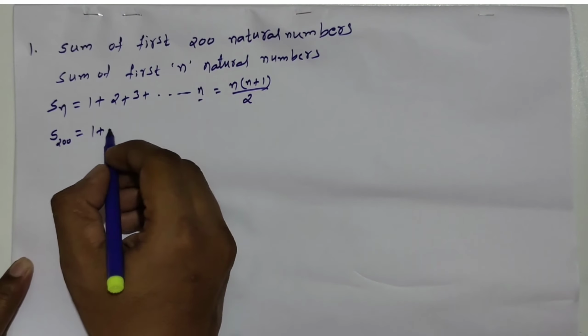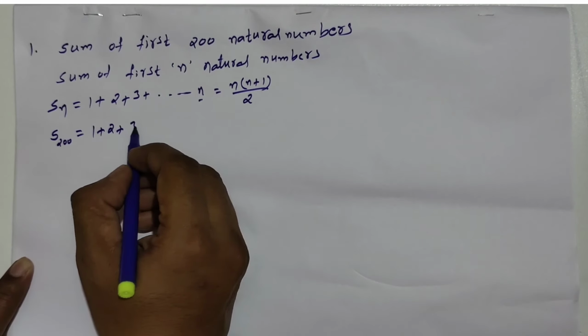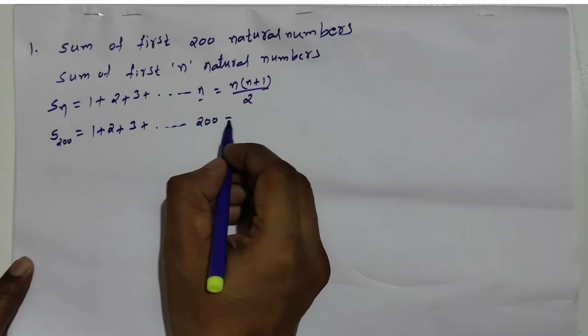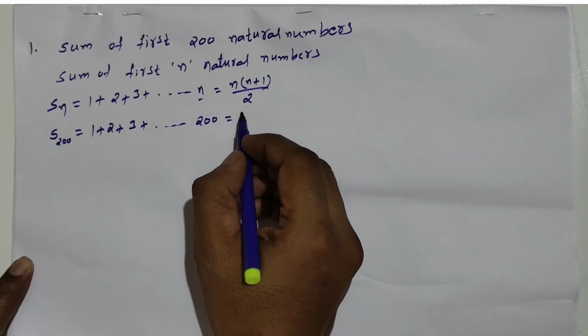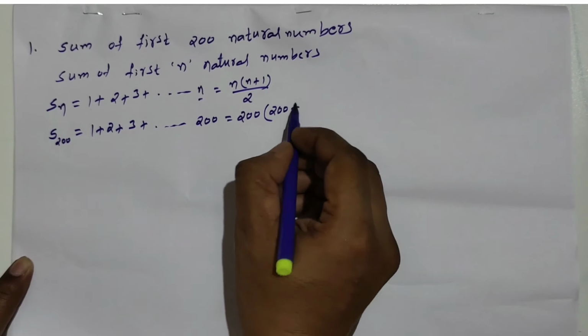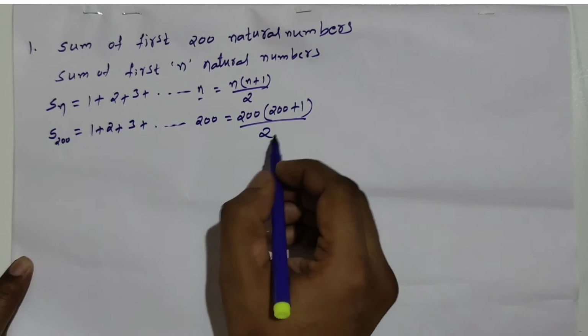That means 1 plus 2 plus 3 plus up to 200. In place of n we write 200: 200 into 200 plus 1 by 2.